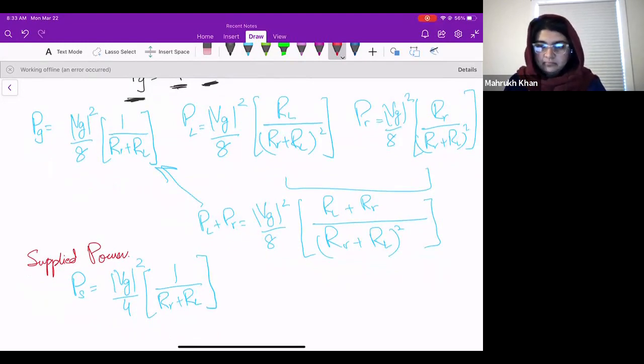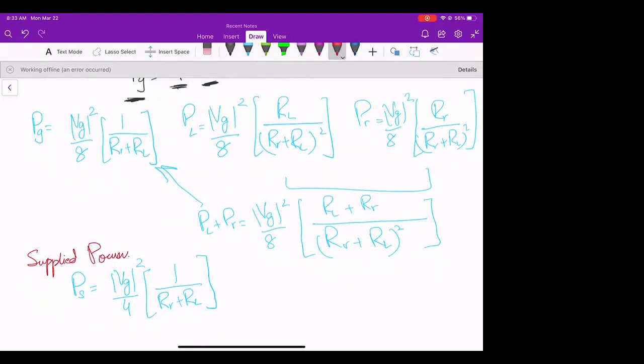Bryce, do you think there is a relationship by looking at the expressions? Supply power and PG.